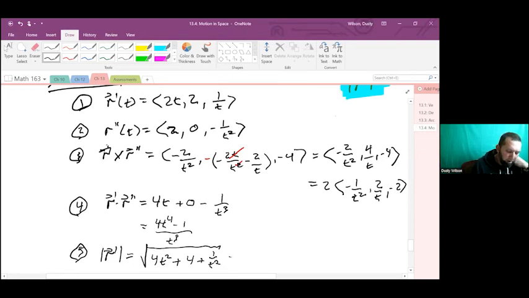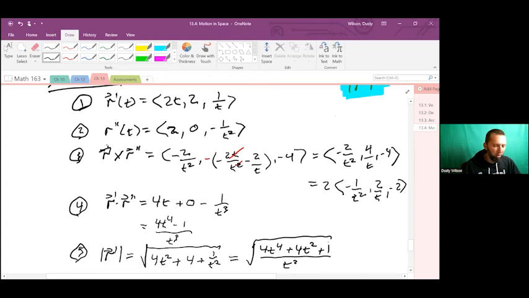And we could find a common factor here, or sorry, we could find a common denominator. So we'd have 4t to the fourth plus 4t squared plus 1 all over t squared.